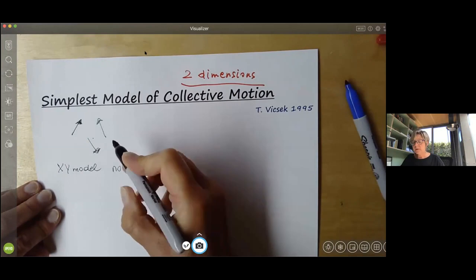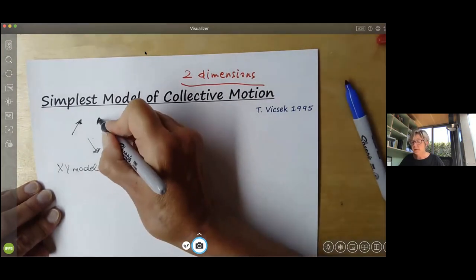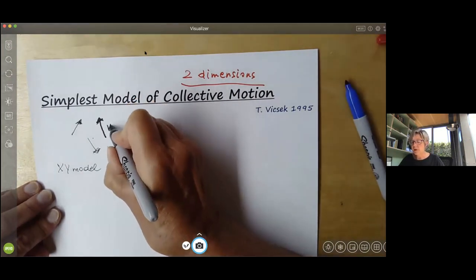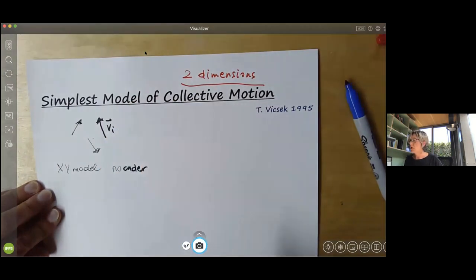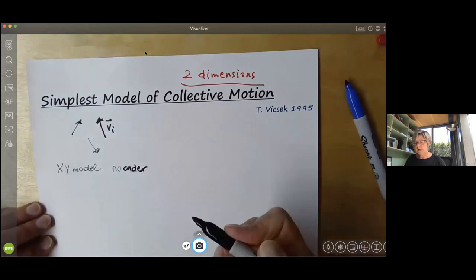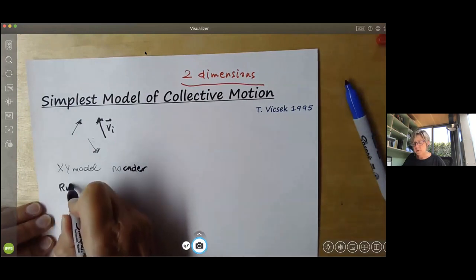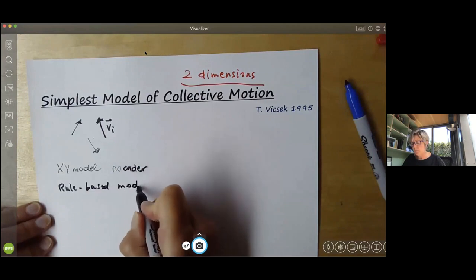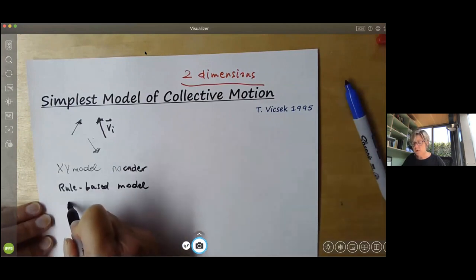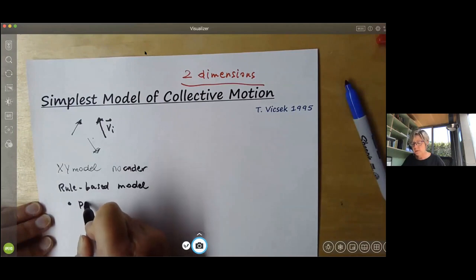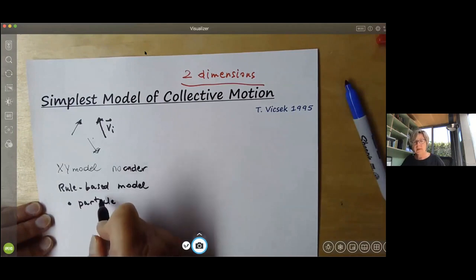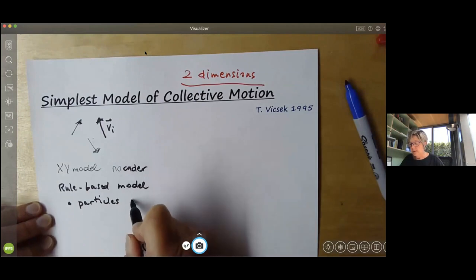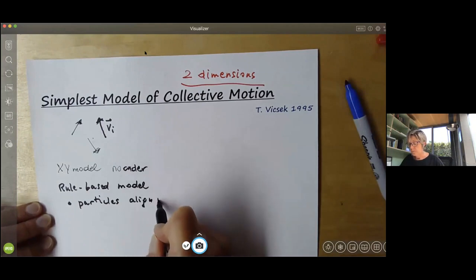But what is different about our active particles is that the vector, the spin, is now the velocity of the particle. So it's also the direction in which the particle moves. And in this case, you can actually define a rule-based or agent-based model. That's what Vicsek did, simply by saying that each one of these particles or spins looks at the neighbors and aligns with them.